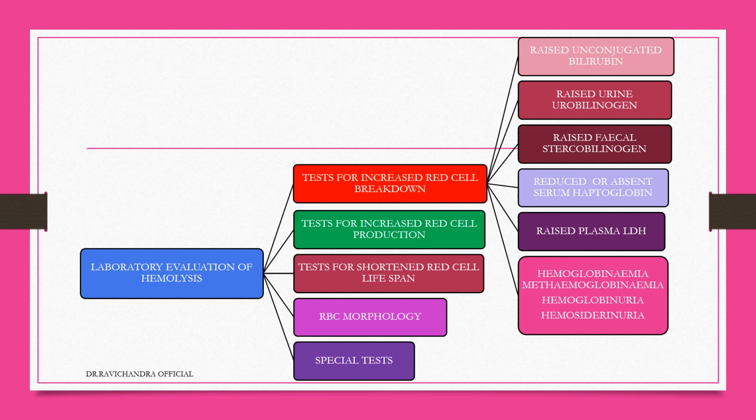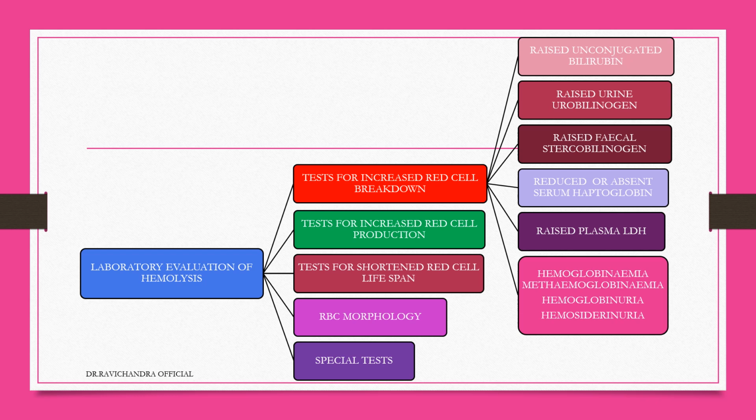Coming to the test for increased red cell breakdown. First one is raised unconjugated bilirubin. There will be raised unconjugated bilirubin levels. There will be raised urine urobilinogen levels. There will be raised fecal stercobilinogen. There will be reduced or absent serum haptoglobin.